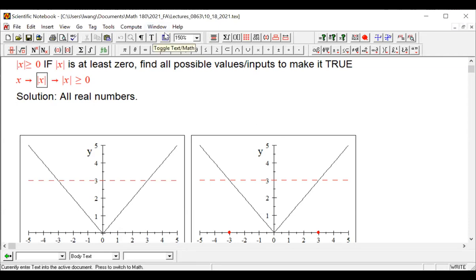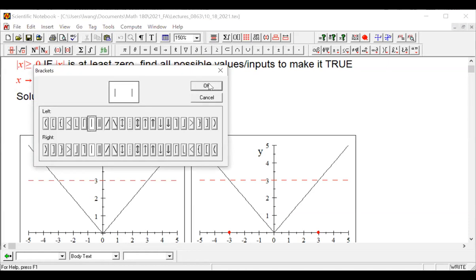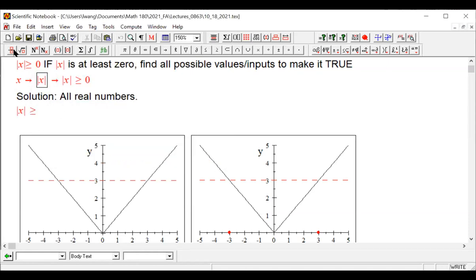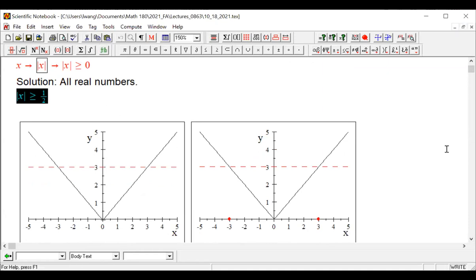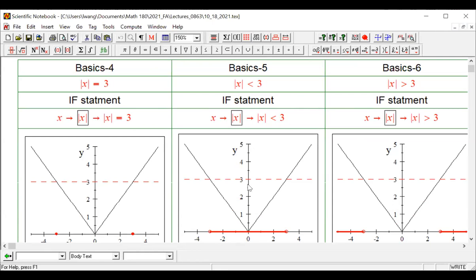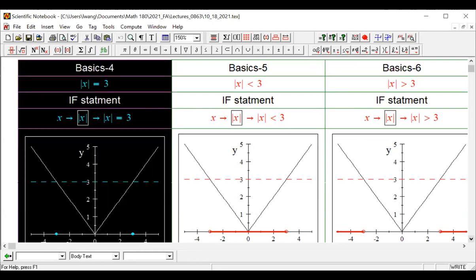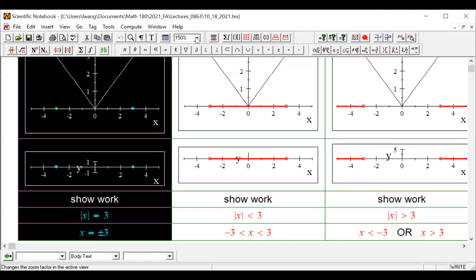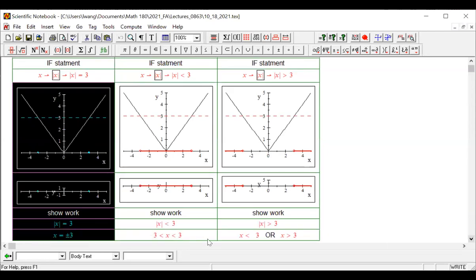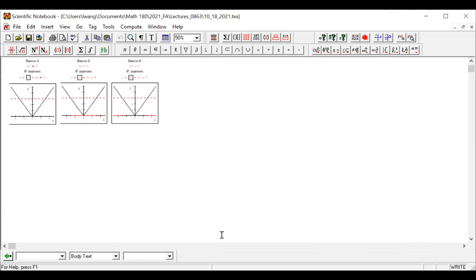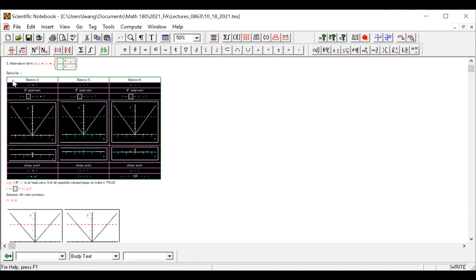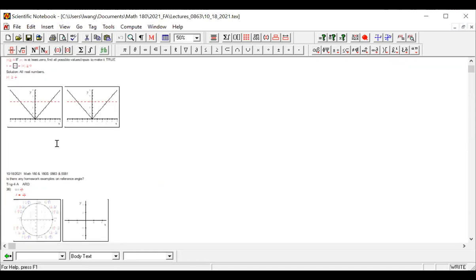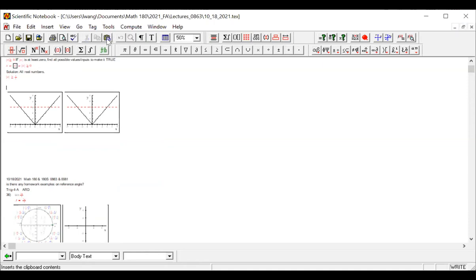If the question given to you is the absolute value of x is greater than or equal to half, if you look at these two models, it's really the first one and the third case.